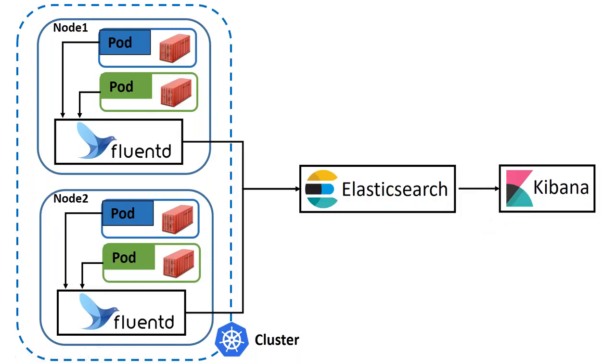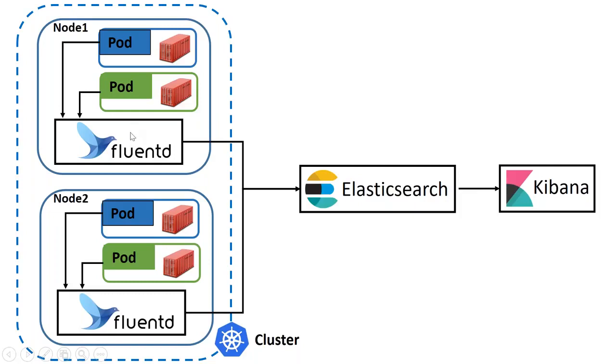Earlier they were using another combination called ELK, where E stands for Elasticsearch, but L stands for Logstash. That was another utility which does the same kind of work. But now, since we are focusing more on Kubernetes, which is backed by the Cloud Native Foundation, the same foundation is the one that also gave us FluentD.